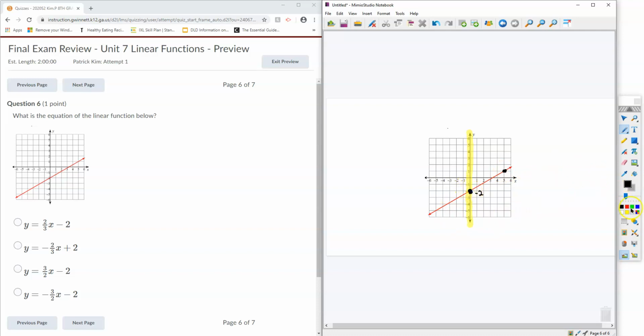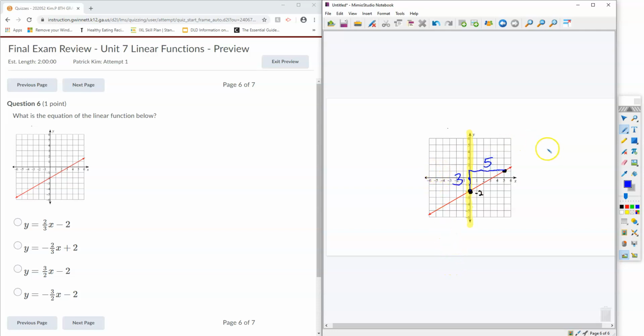So now I have to do rise over run. I'm going to go up, and each line I cross, that's one count. So that's 1, 2, 3. We want to be on the same level as this point. So that's 3. And then I'm going to go 1, 2, 3, 4, 5.